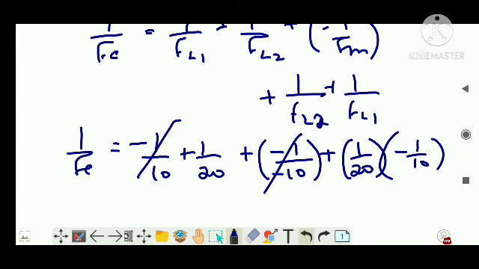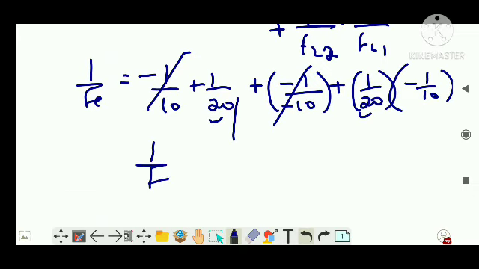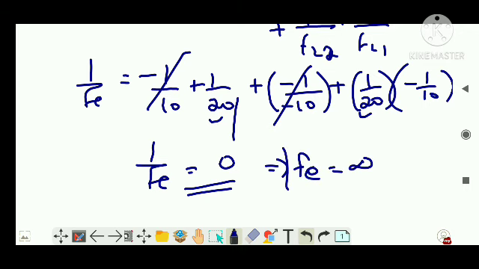Clear? Then there is 1 by 20, 1 by 20, that becomes 2 by 20. That is 1 by 10 minus 1 by 10. That is, I will get 1 by Fe is equal to 0. That means Fe is equal to infinity. That is, the focal length of this entire system of lenses and mirror is infinity. Clear? Type B.